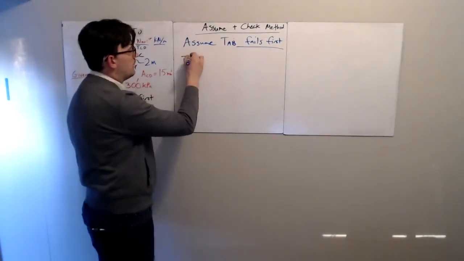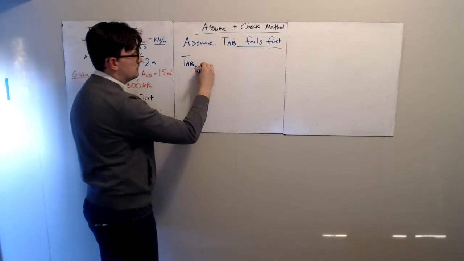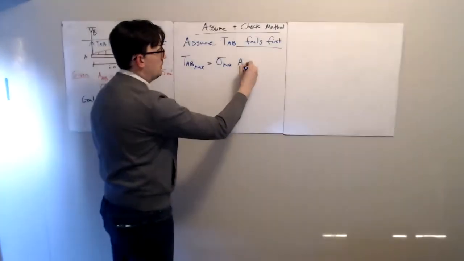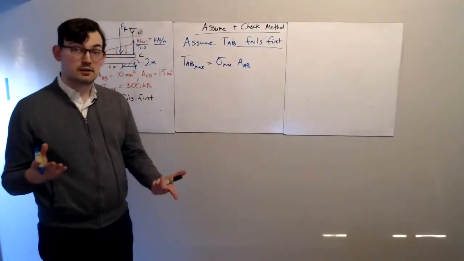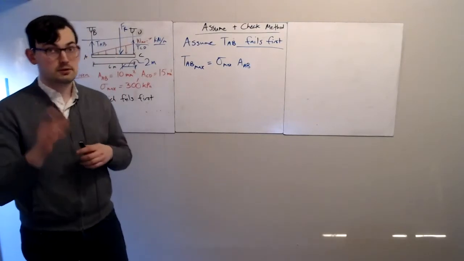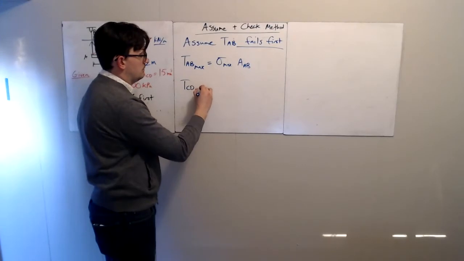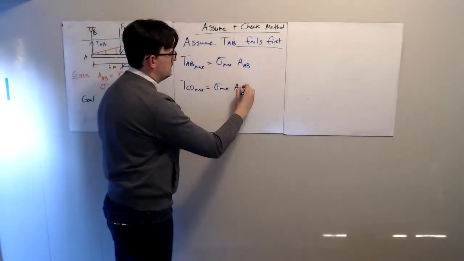Now TAB max, the maximum force it could be, is that stress times the area of AB, right? And we could also figure out what it would be for TCD. Let's do that as well.